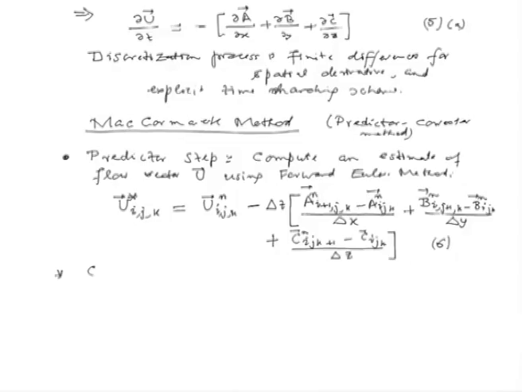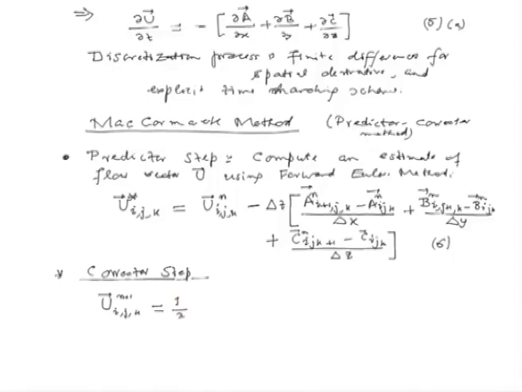Now, with this predicted value we would move to the corrector step. So, all these A, B's and C's, their components would be computed using this value U star, and the solution would be obtained as a simple average of an Euler step value plus this predicted value. So, U at n plus 1 I j k would be given as an average of these two.